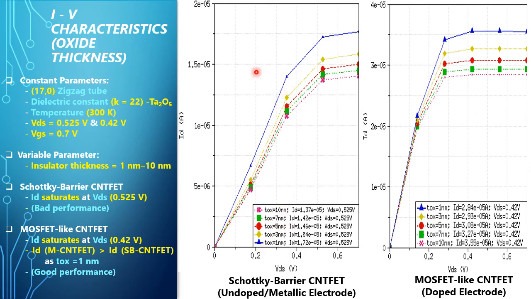Okay, so to specify it from the curve, we can see that it's nearly halfway through 1.25 to 1.5, while here in the MOSFET like CNT FET it's located halfway from 3 into 10 inverse 5 to 3.5 into 10 inverse 5.